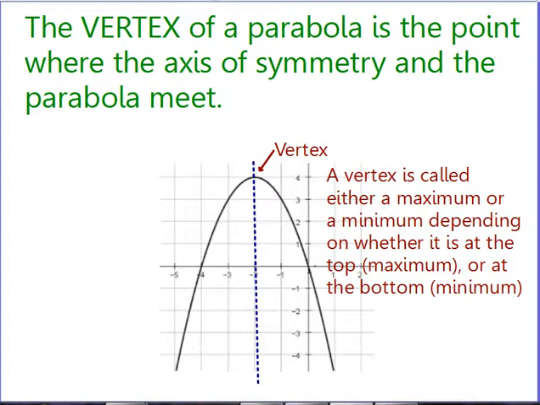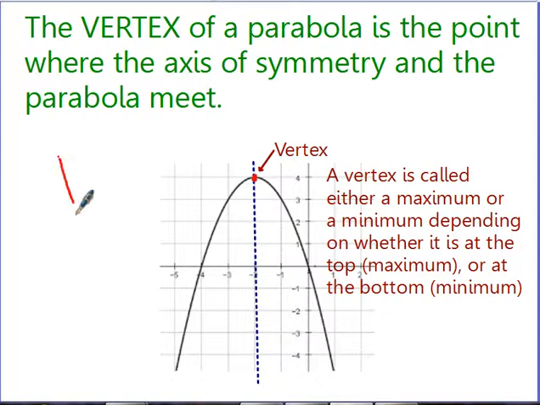A vertex is either going to be called a maximum or a minimum, depending on whether it's the top of your parabola or the bottom. When I have a parabola like this one that opens down, my vertex is going to be at the top, and that's going to be called a maximum.